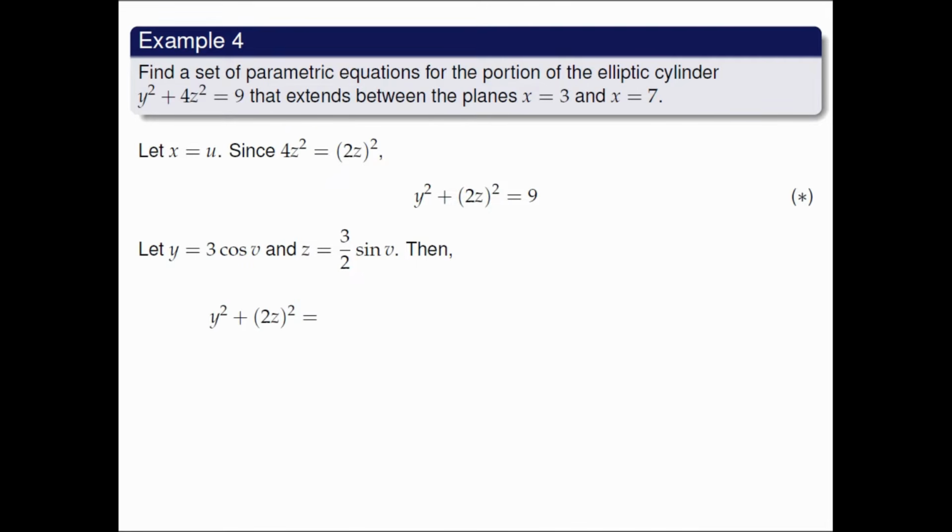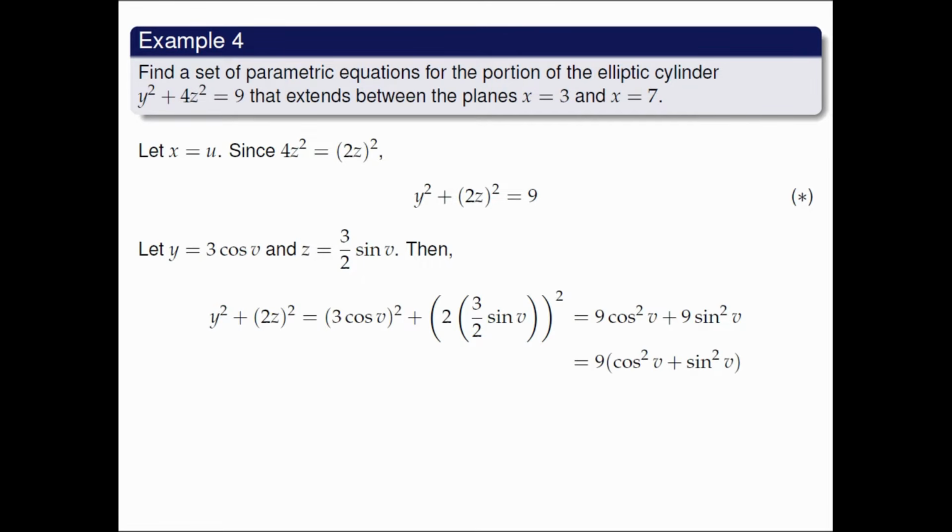y squared plus the square of 2z is equal to this expression. 3 cosine v quantity squared is 9 cosine squared v. And this part is 3 sine v squared, so 9 sine squared v. Factoring out 9, we get this.